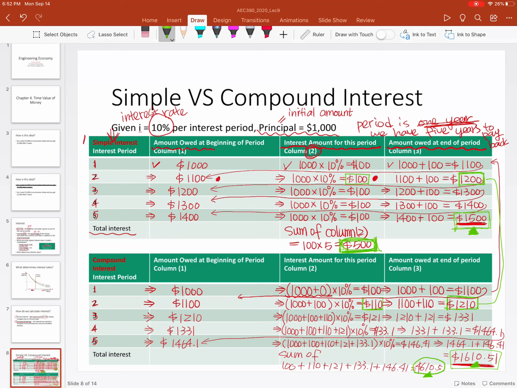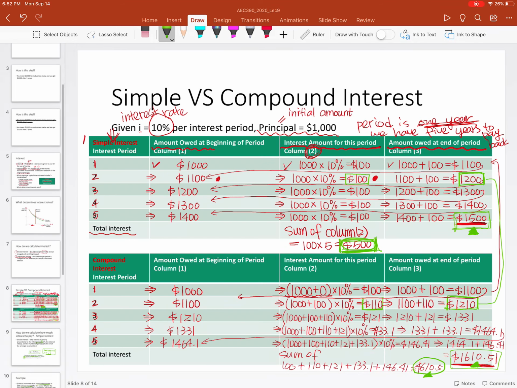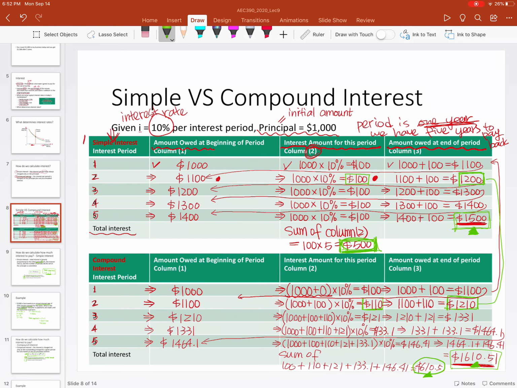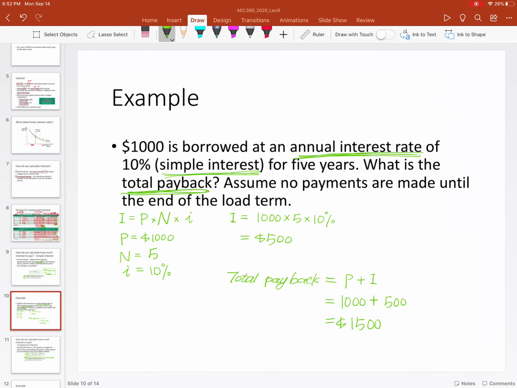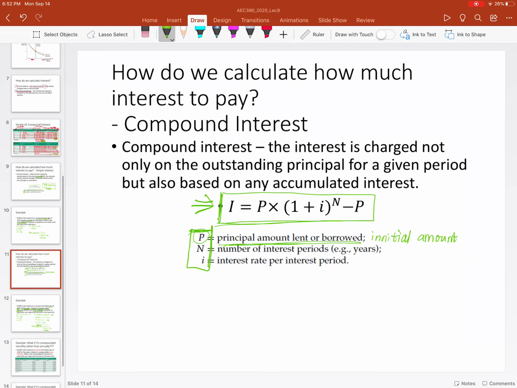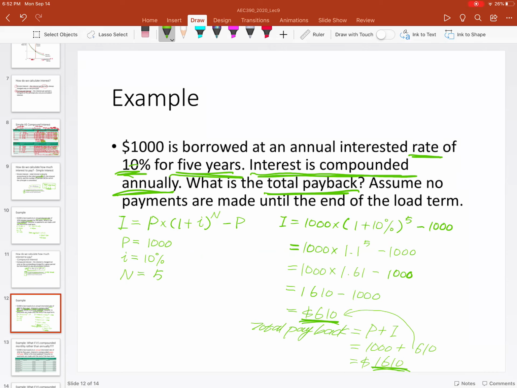And also, how can you work out this table by yourself manually? And based on the understanding of the difference between simple and compound interest, can you use these equations in the example? Using these two equations means you need to find out what is P, the initial amount you borrowed, what is i, the interest rate, and what is the number of periods, like how many times you calculate the interest.